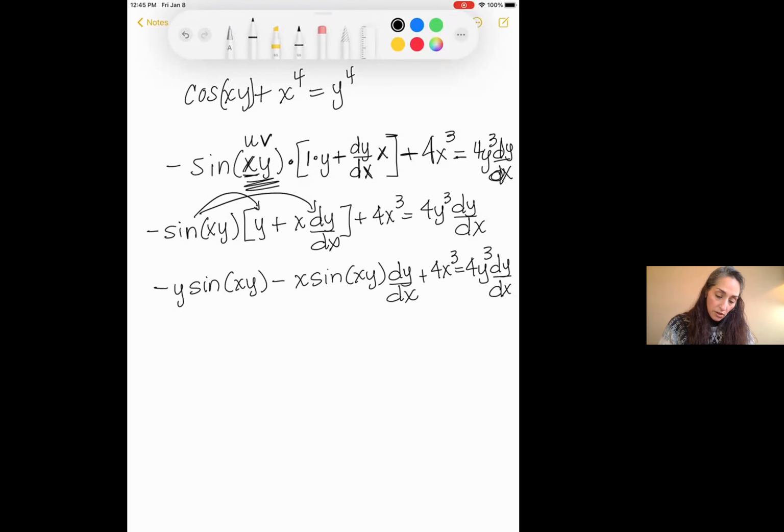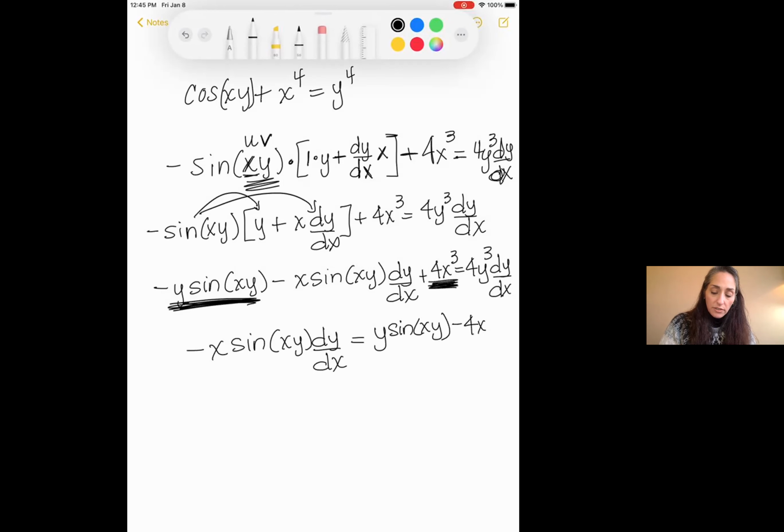Okay, so let's see here. I'm going to move this over to the right-hand side. So this will be negative x sine of xy dy over dx equals, and then I'm going to move this over: y sine of xy, minus 4x cubed.